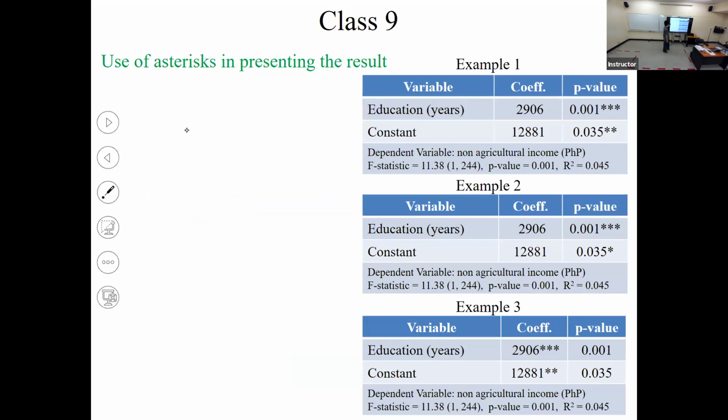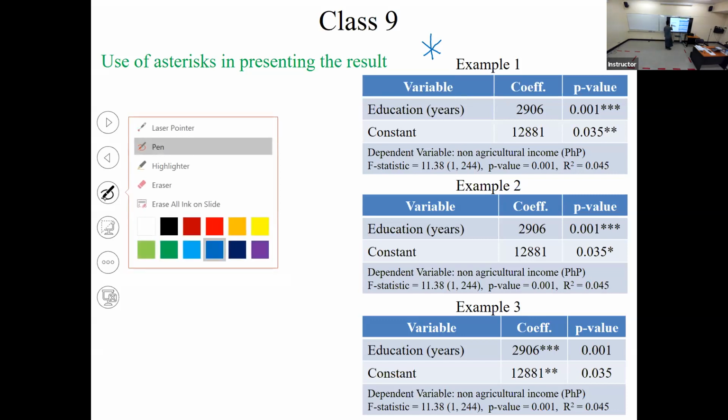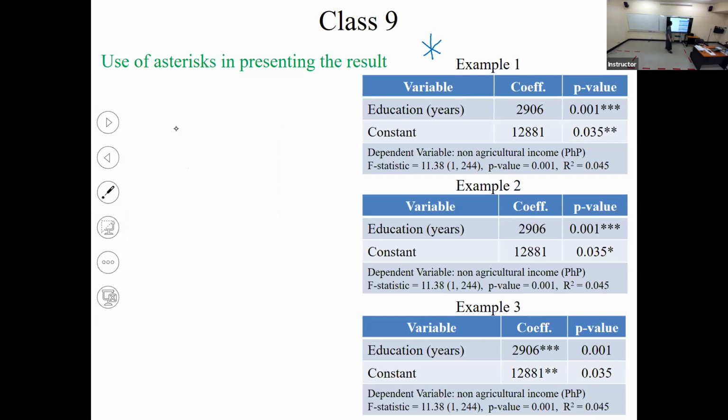Okay, now in terms of presentation, we often use asterisks to indicate the statistical significance. Asterisk. This one. Okay, star. Sometimes we call it star. But more formally, asterisk.